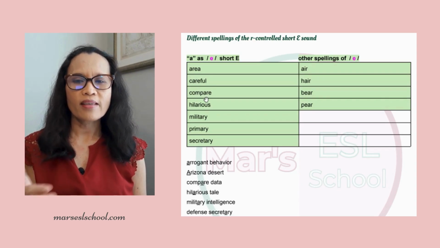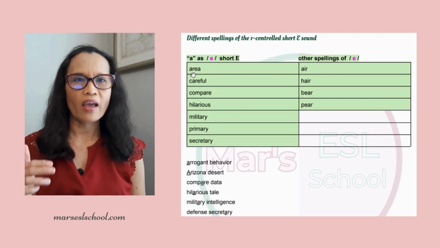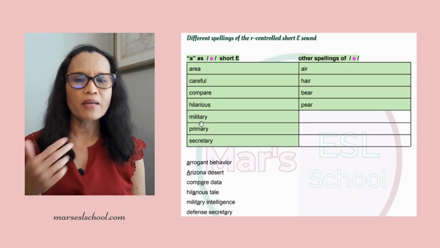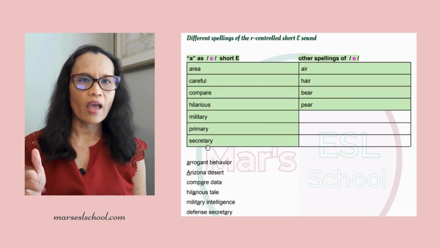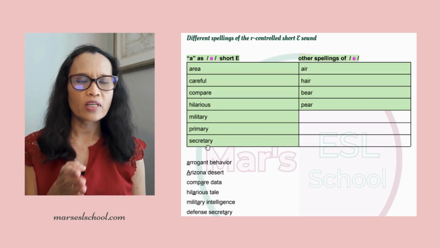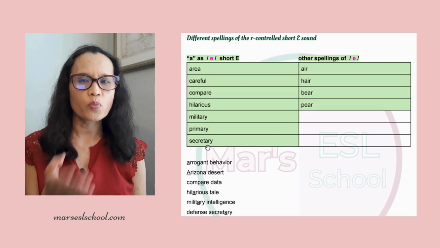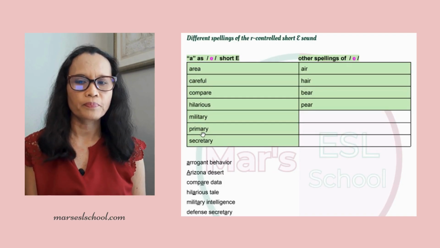So we have more examples here in front of us. We have air, area, care, careful, compare, hilarious, military, primary, and secretary. So air, the short E plus R spelled with AR.